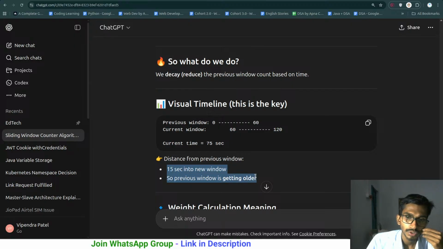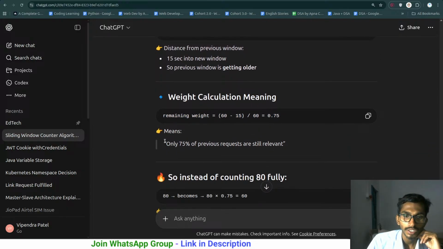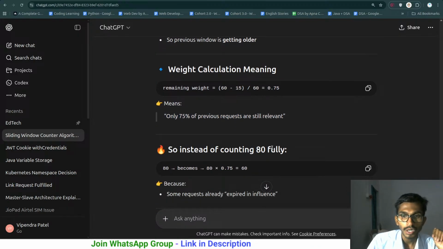So the previous window is getting older. Now the weight calculation: remaining weight is 60 minus 15, that's 45, so 0.75. This is the percentage that is remaining in the previous window, meaning only 75% of the previous requests are still relevant. So instead of counting 80 fully, 80 becomes 80 multiplied by the percentage, which equals 60.